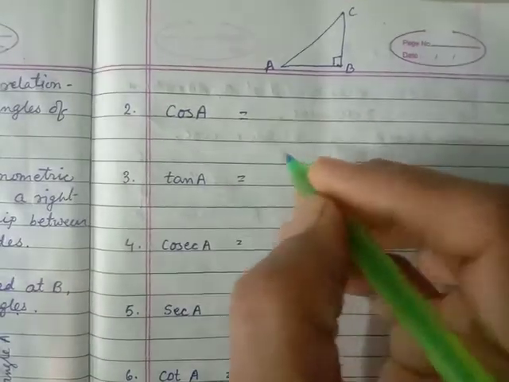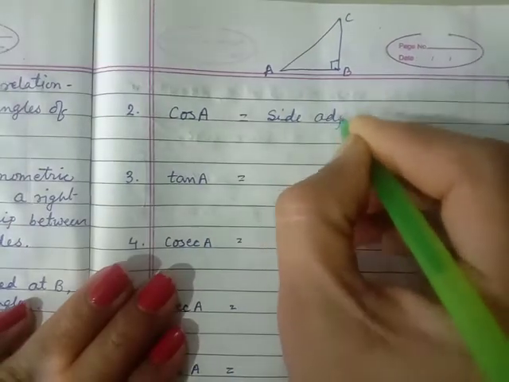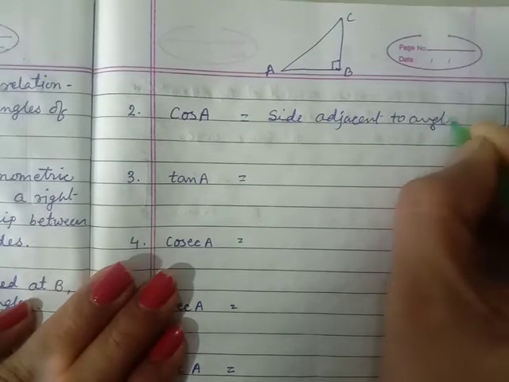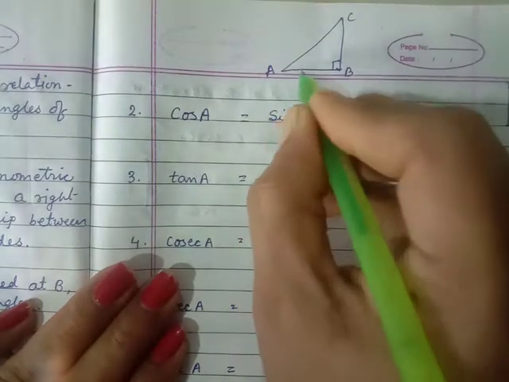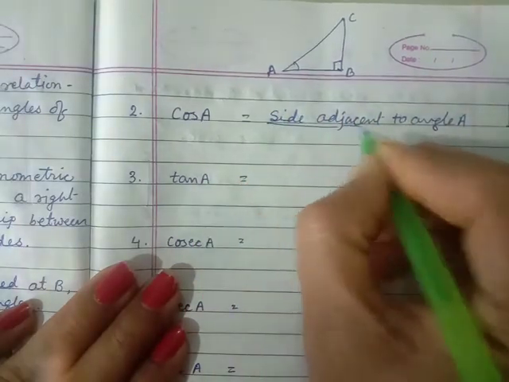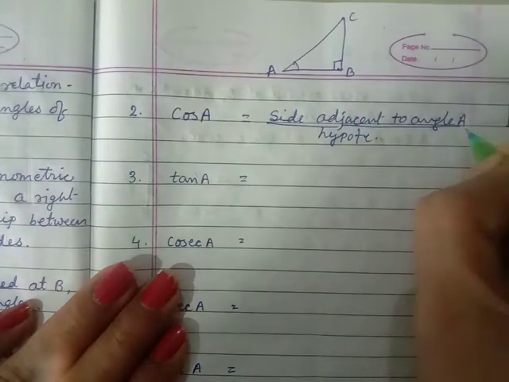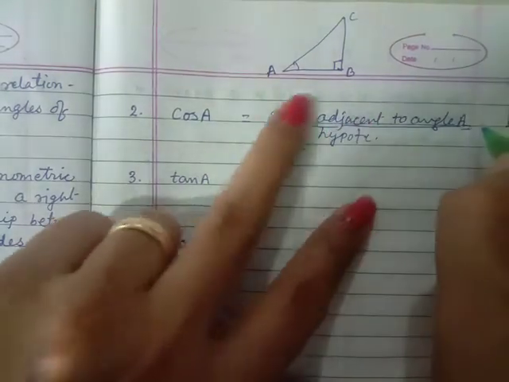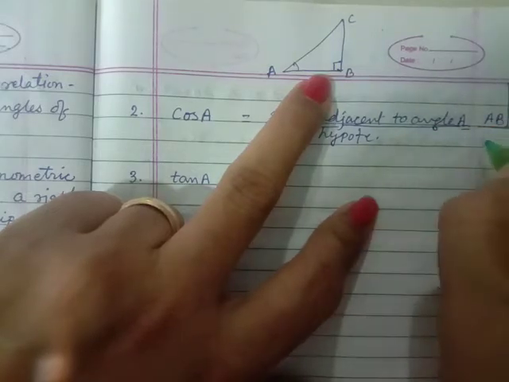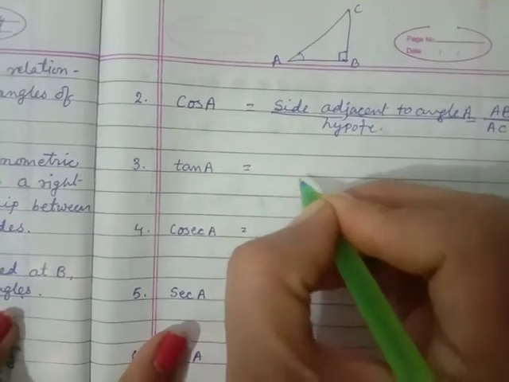Now cos A. Cos A is the side adjacent to angle A upon hypotenuse. So this equals AB upon AC. Tan A. Now what is tan A?